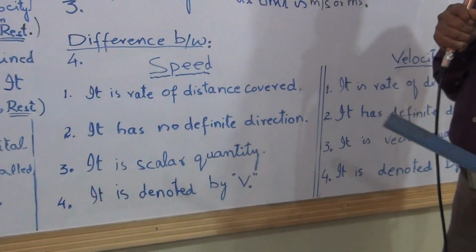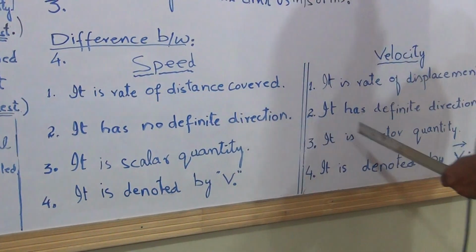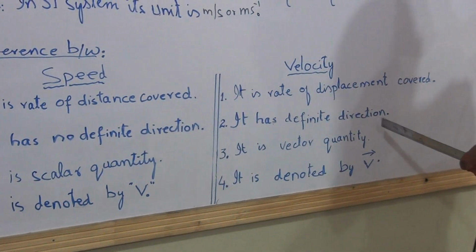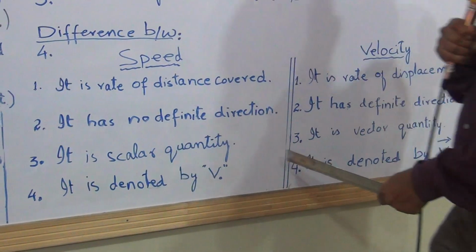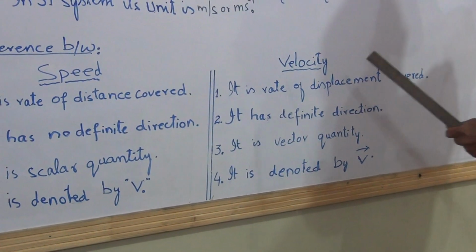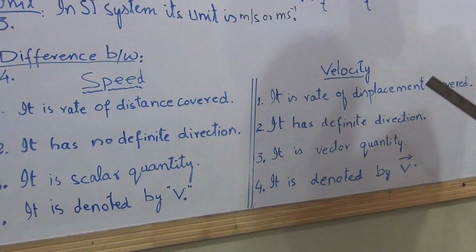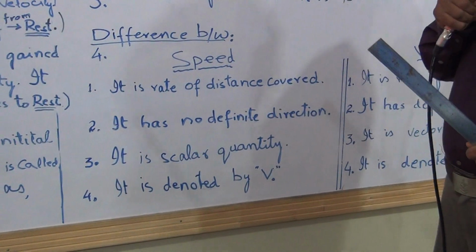When it has no definite direction, it is a scalar quantity, and velocity is a vector quantity. And the fourth point: speed is denoted by V, and velocity is denoted by V with an arrow over it. So these are 4 differences between speed and velocity, and you have to learn these 4 differences.